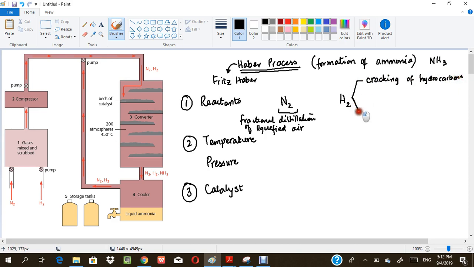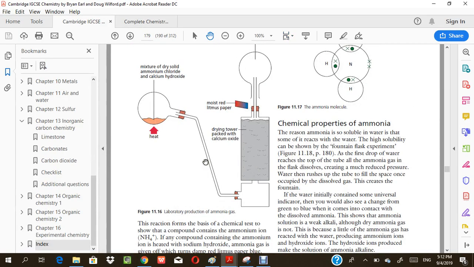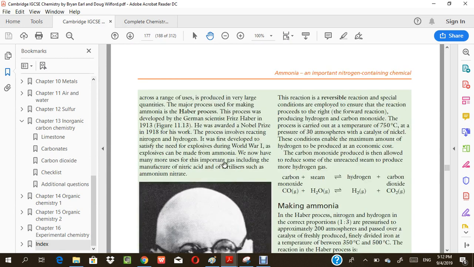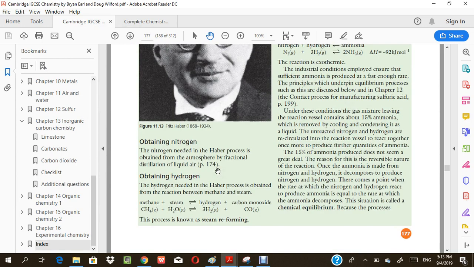And the second process involves the reaction with methane. I'll just let you know the name of this reaction. Yeah. Steam reforming.